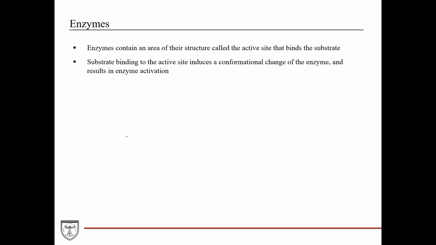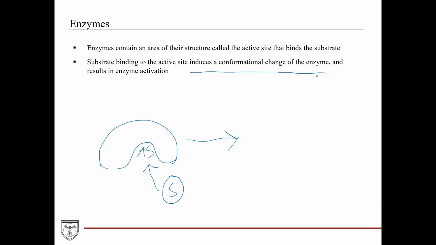So structurally, enzymes contain an area that is called the active site, which actually binds the substrate. If we draw a little cartoon here, this would be your active site in here. And if you have your substrate here, the substrate can come in and bind to the active site. When the substrate binds to the active site, it induces a conformational change of the enzyme. So it changes the structure in a sense, because here it's inactive, but when it binds the substrate, it becomes active.